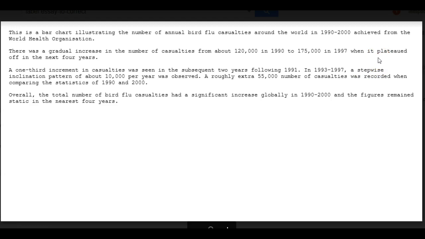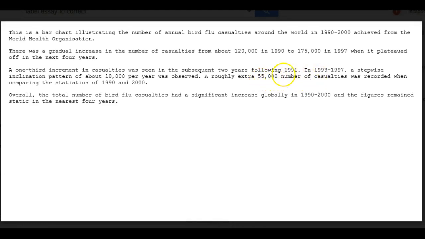So you could say a steady increase, a gradual incline, I mean, there's a bunch of typical words here. So if you're not familiar with them, you can also look up some of these expressions that we use for IELTS Task 1.